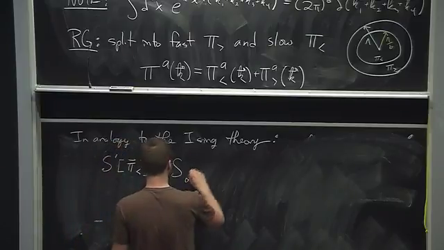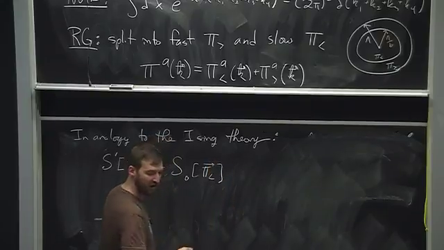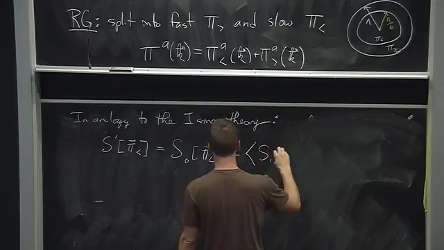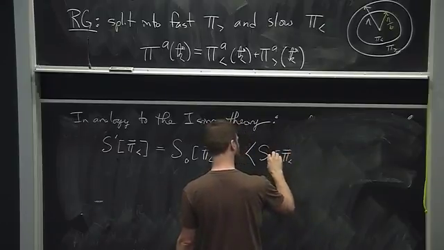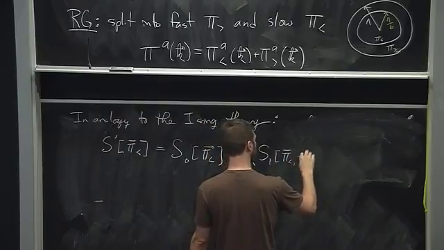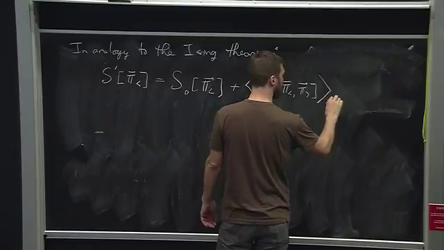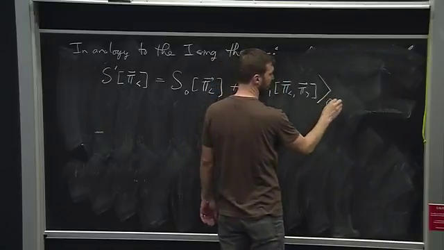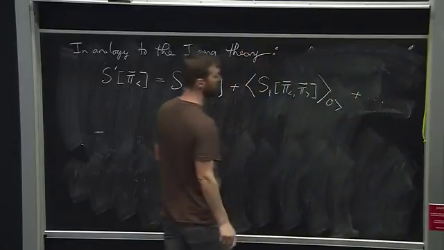So again, there's the slow piece from the Gaussian, and then we need the expectation value of the fast piece, which depends on both the interacting piece, which depends on both slow and fast, so it's a Gaussian integral, remember, and it's over fast modes, and we'll ignore higher order terms.